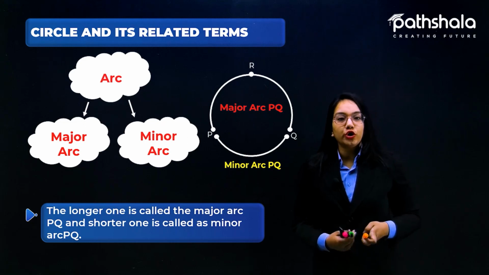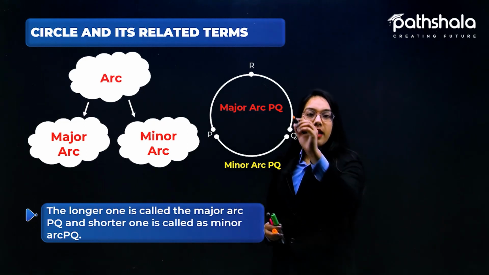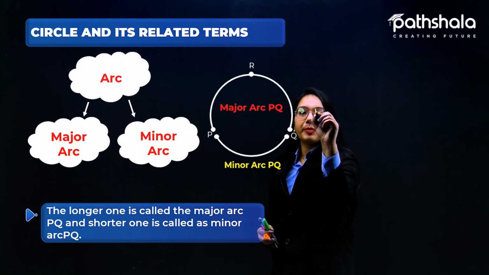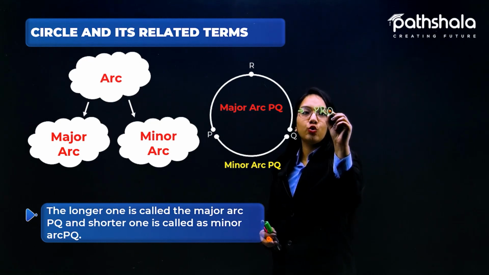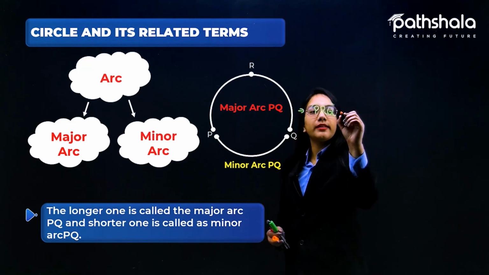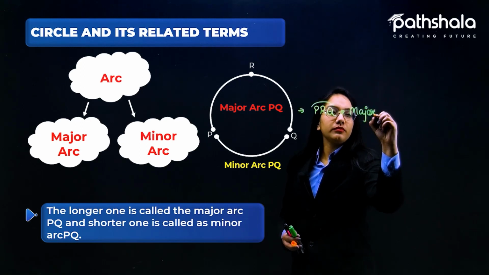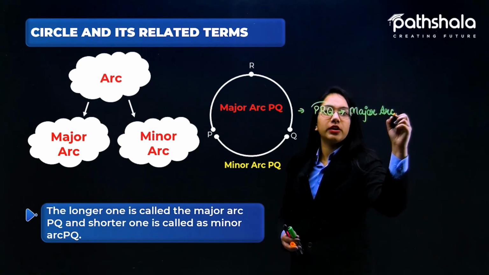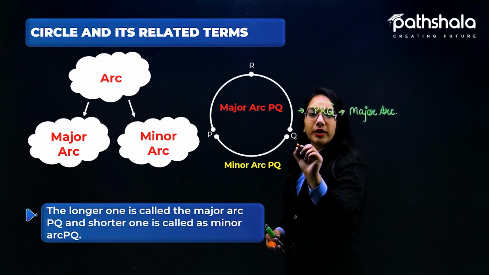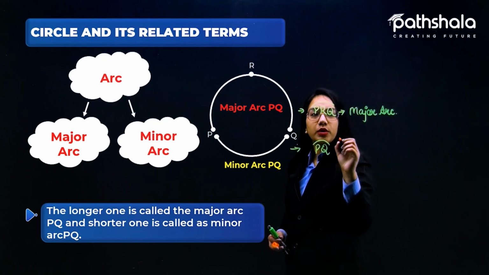If we want to represent the major arc, we always represent it as PRQ with an arc sign like this. This is the representation of the major arc. Further, this particular arc, which is the minor arc, we represent in this form.